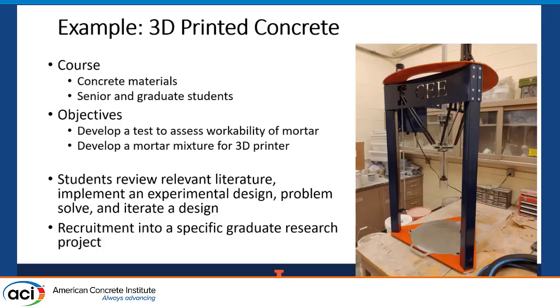There's a lot of literature coming out every day about, here's a mix that worked, here's some behavior that worked, here's some tests that we came up with. They're going to use some of that knowledge to start to build their particular project deliverables.